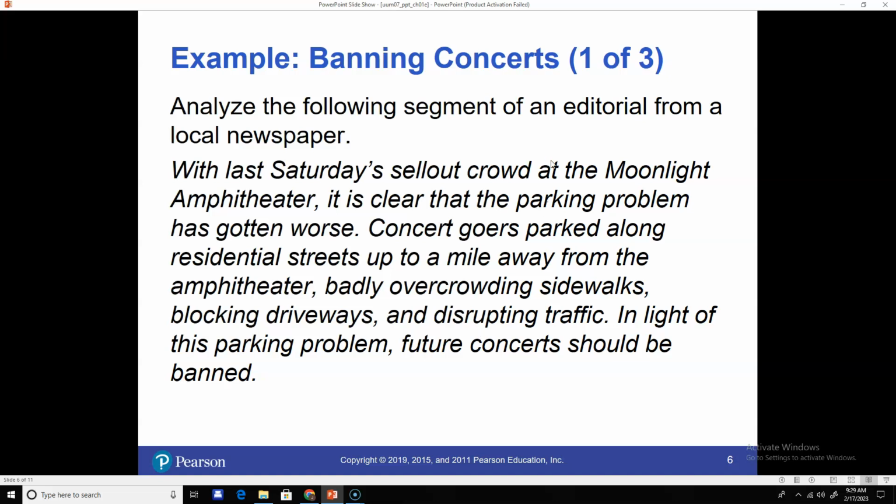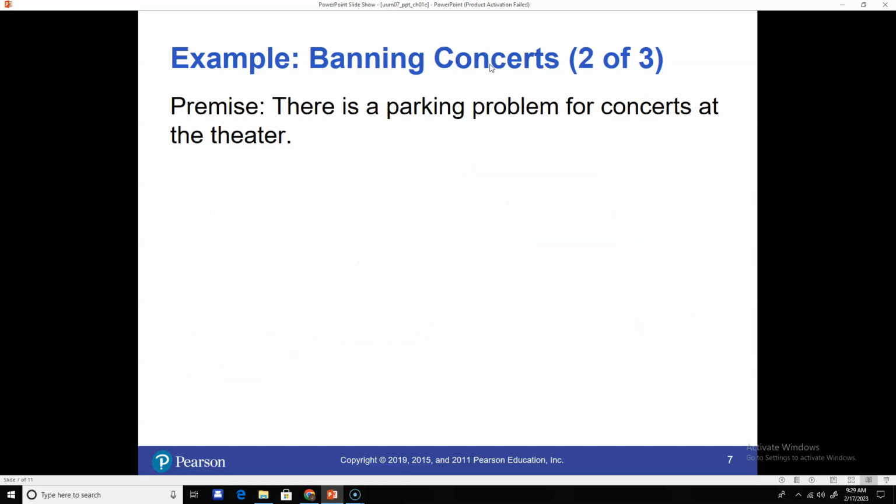A lot of times you'll see this in editorial pieces, at a local paper. They'll use anecdotal evidence from one or a couple of examples, and they'll make a big inductive leap from there, which often can be a weak argument.